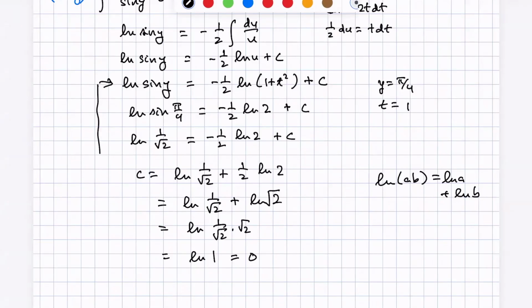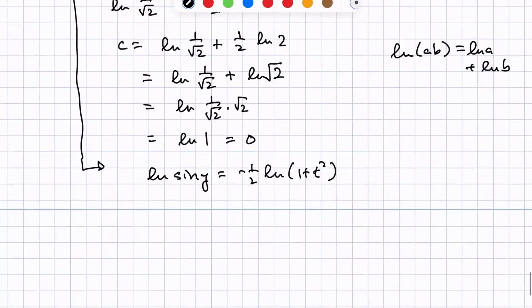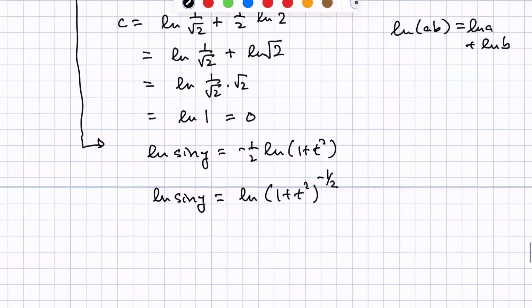Let's go back here and plug in C. So I have log of sine y equals negative 1/2 log of 1 plus t squared plus 0. Now, let's take this minus 1/2 and put it up here. So ln of sine y is equal to ln of 1 plus t squared to the negative 1/2.